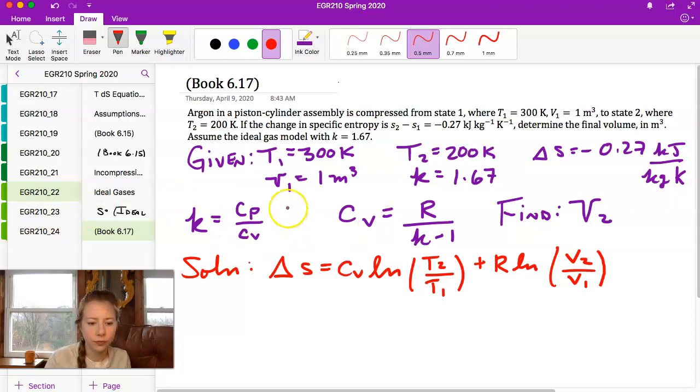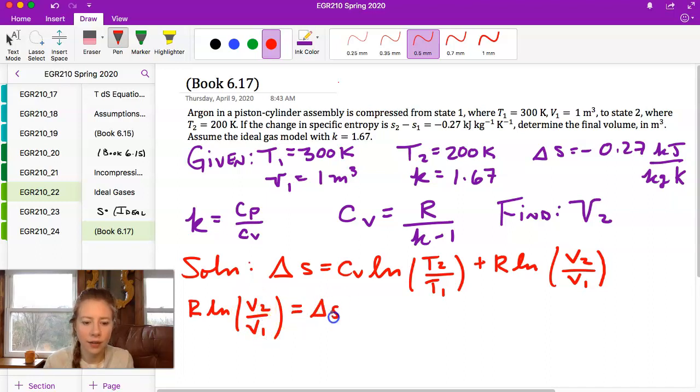Now, we have R times the natural log of V2 over V1 is equal to delta S minus Cv ln T2 over T1. And remember, our goal here is to find V2. So I'm trying to solve for V2.